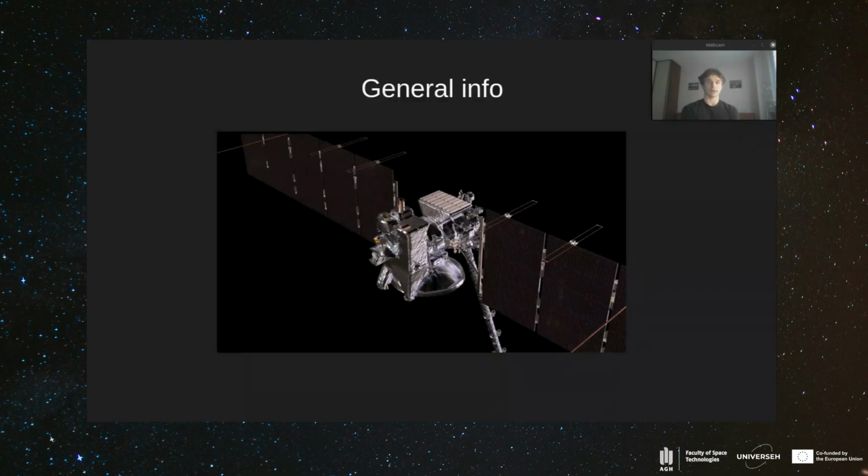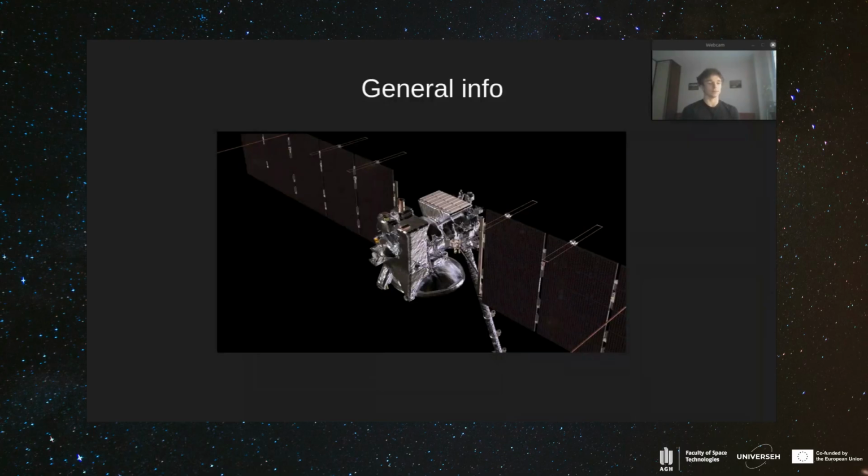The closest distance to the Europa's surface is expected to be around 25 kilometers. Europa Clipper already used one gravity assist from Mars on 1st of March 2025, so not so long ago, and it's expected to use another gravity assist from Earth on 3rd of December 2026.